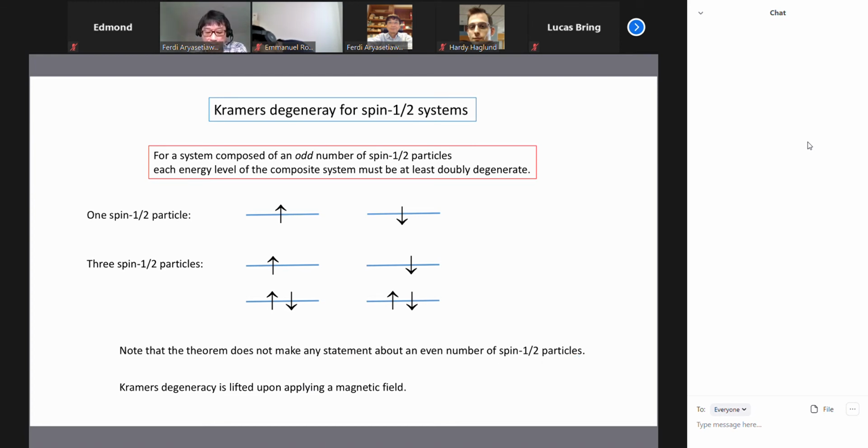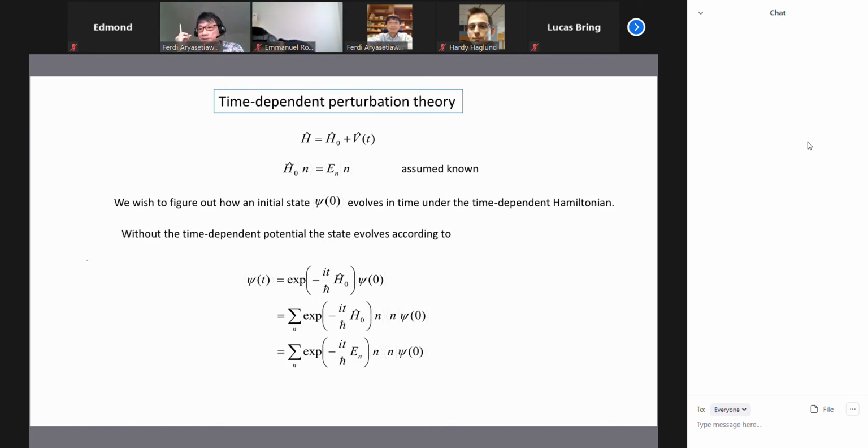So now we want to start a new topic. This is time-dependent perturbation theory. So early on in the course, we talked about quantum dynamics, but there we have just a Hamiltonian which is independent of time.